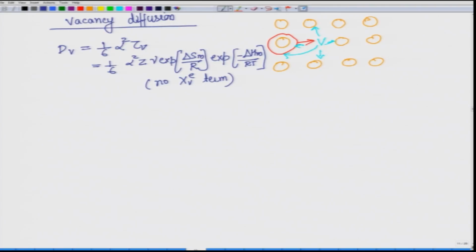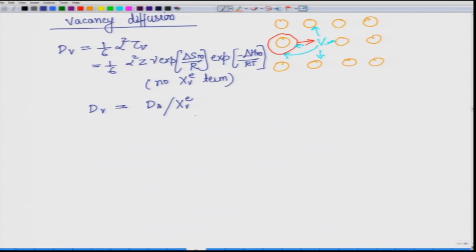and therefore, again the energy barrier has come down. So, it means that vacancy can diffuse much faster, and therefore, what we have is that D_V is D_A, you remember we called as the self interstitial, D_A by x_v equilibrium. So, in the same material, let us say we are talking about copper, whatever is the diffusivity of that self diffusion, you divide it by the equilibrium fraction of vacancies at that concentration, and you get the diffusivity of vacancy.